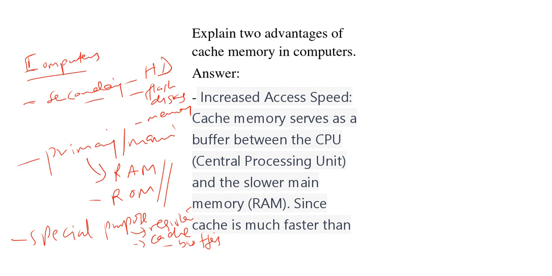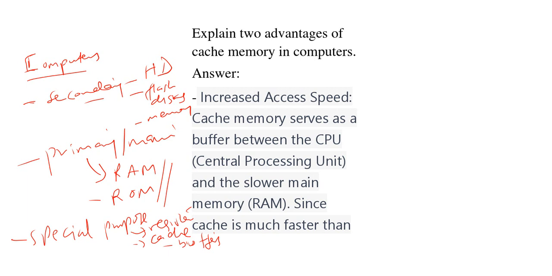So for example, the cache memory was implemented in order to improve the performance of the CPU or of the system by complementing on the speed of the RAM. What we say is the CPU takes less time to take data from cache than it takes to get the data from RAM, and in that case the computer becomes faster when using the cache memory.